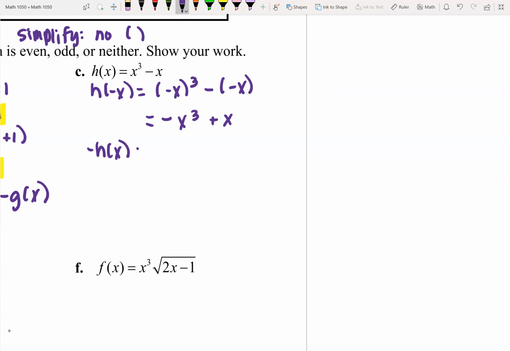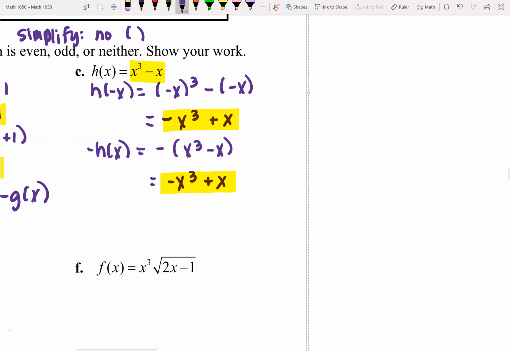Negative h of x. This guy's easy. You just go negative, inside put your h of x, distribute, and you get negative x to the third plus x. Look what I'm comparing. Don't highlight on your paper, but I'm comparing this to this to this. Are any of them the same? Yes. So I'm going to say, and I have to say this, h of negative x is equal to negative h of x.